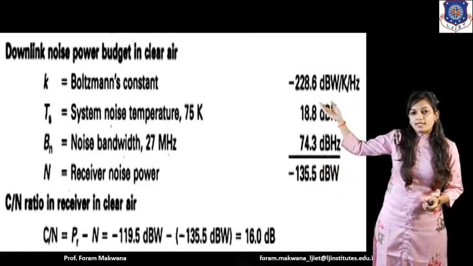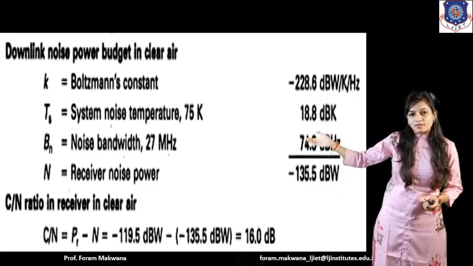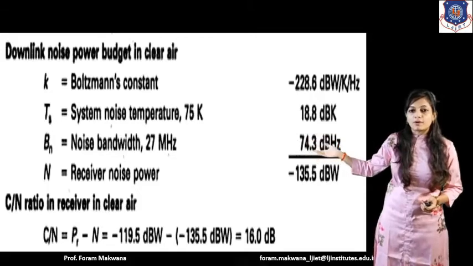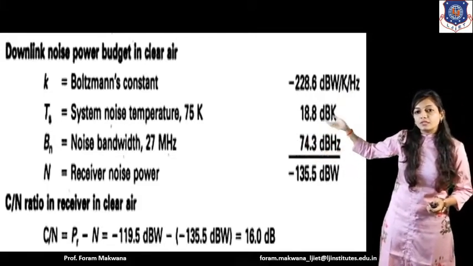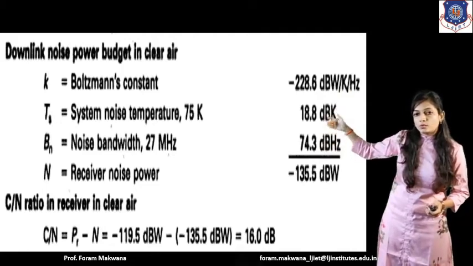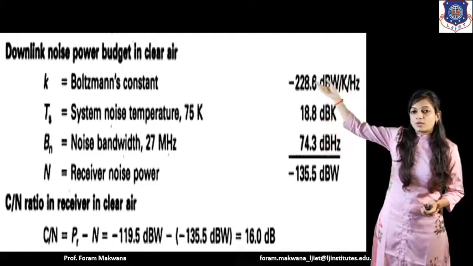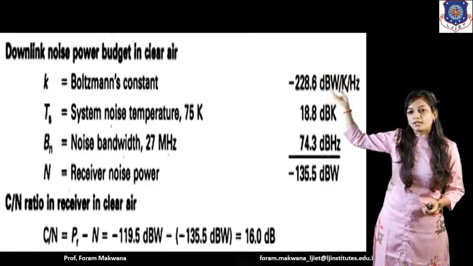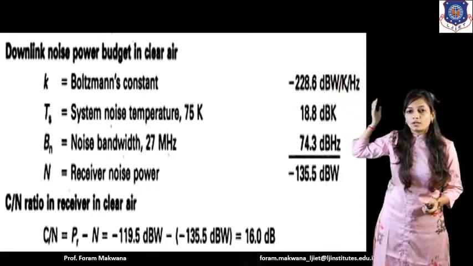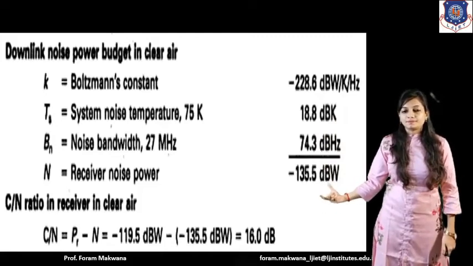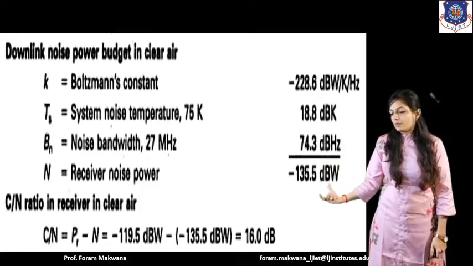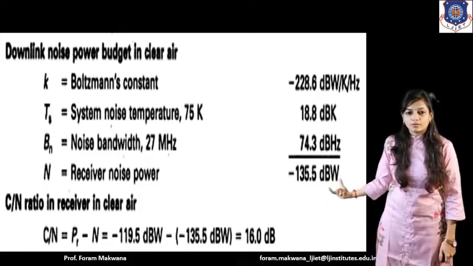The noise bandwidth is given as 7 megahertz, with a power of 74.8 dB. These quantities are added to give minus 228.6 dBW per kelvin per hertz. So my final quantity, the residual noise power, is minus 135.5 dBW.